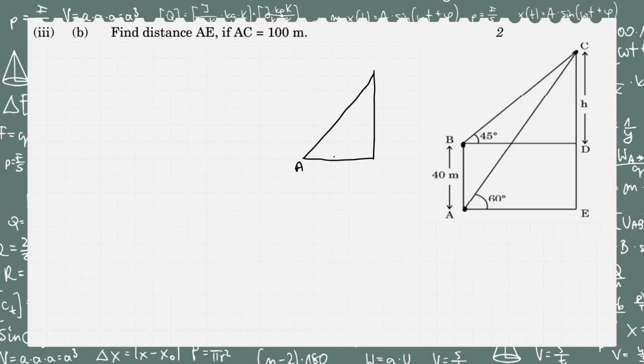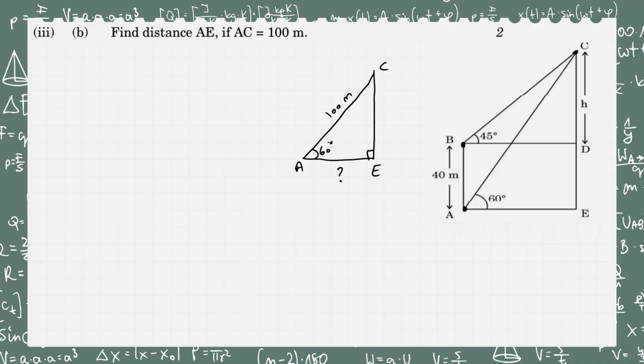AC is the hypotenuse of triangle AEC. AC is given to be 100 meters and this is already 60 degrees, we know that. We want to find the value of AE, right, which is the base of the triangle. We have the value of the hypotenuse and we want the value of the base.